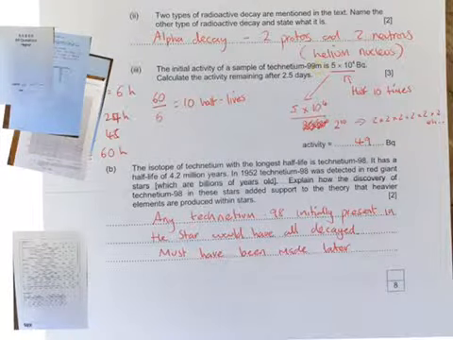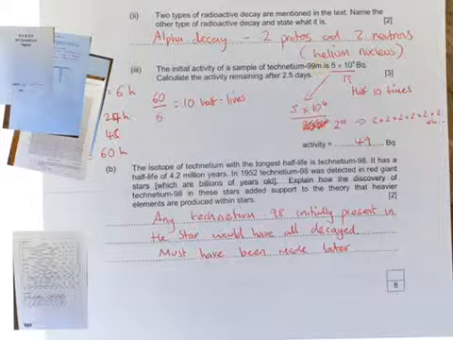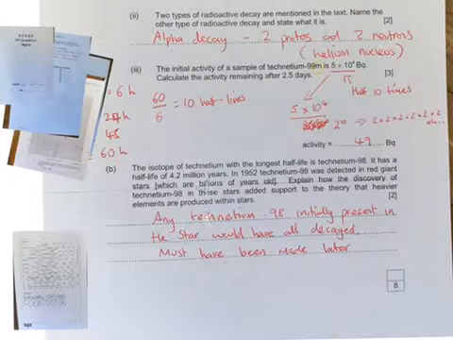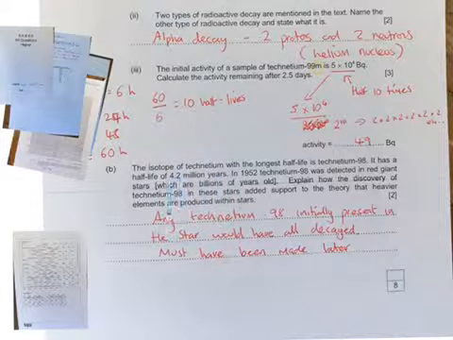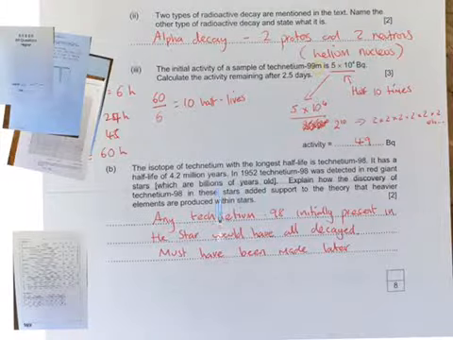So it must be made later in the life cycle of the star, because like I say, it would have all decayed. We're talking about billions of years, and the fact that we can detect it, and it's only got 4.2 million years, and even though that seems like a really long half-life, it's not compared with the life span of stars.